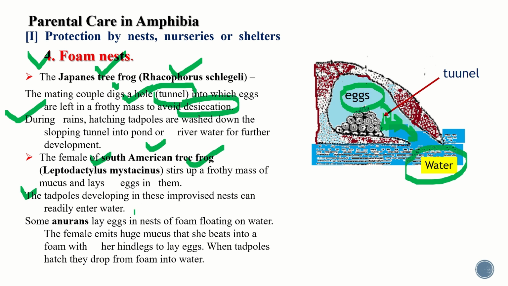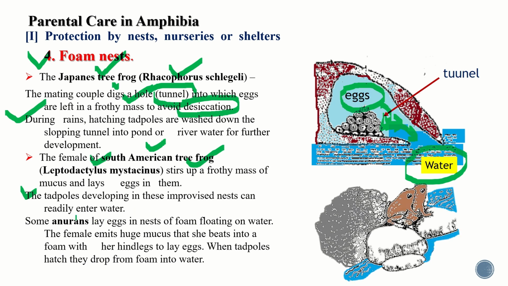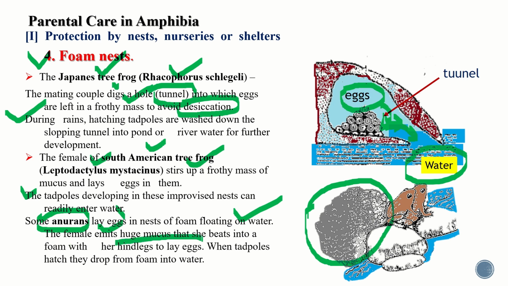Some anurans, which are one of the orders of the amphibia, can lay eggs in a nest, forming a foam nest. So here you can find the foam nest. The animals form such a foam nest floating on water, and the female emits huge mucus that she beats into foam with her hindlimbs to lay eggs.